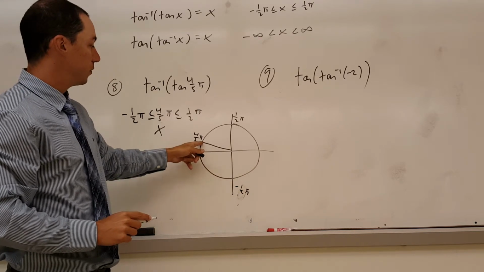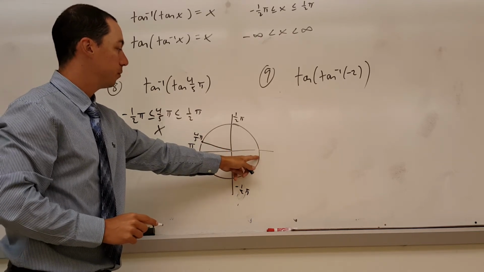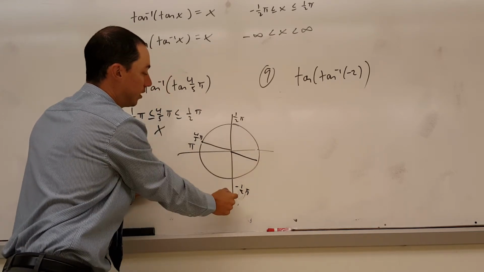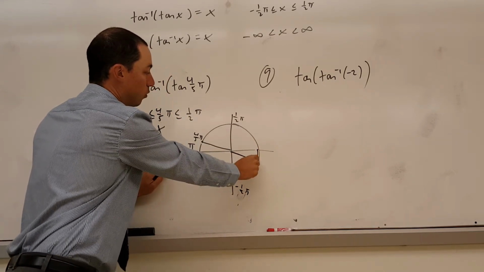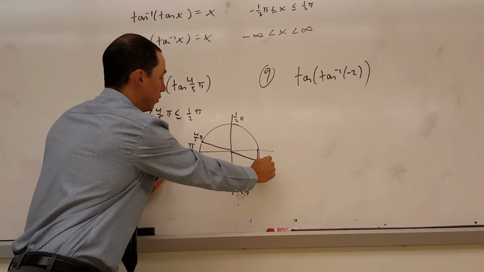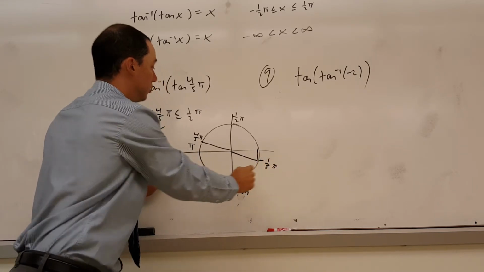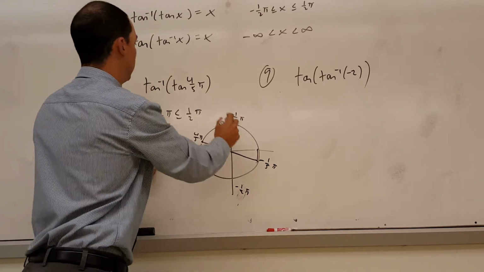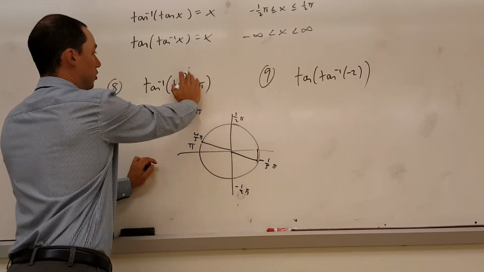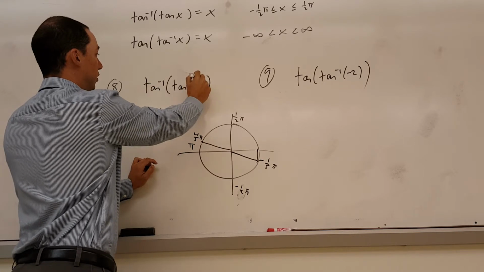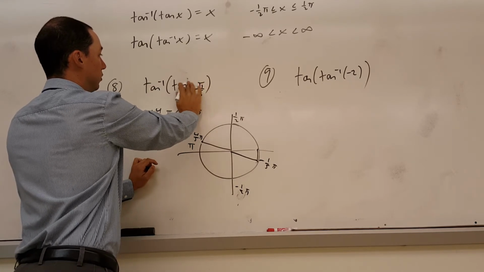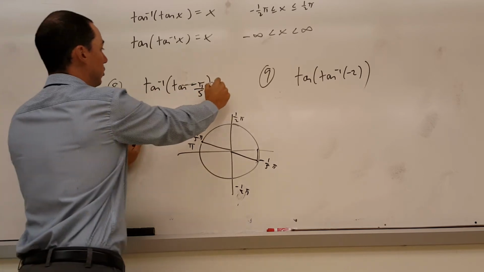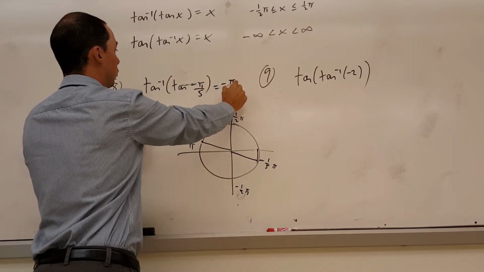This is 1/5 from the x-axis, so I'm going to go 1/5 from the x-axis over here. Remember, this is from negative 1/2 to positive 1/2, so I'm going backwards, or negative 1/5 pi. So our equivalent angle is negative 1/5 pi, or negative pi over 5. So actually we should change this to negative pi over 5. Now, since it's in the right domain, these cancel and you get negative pi over 5.